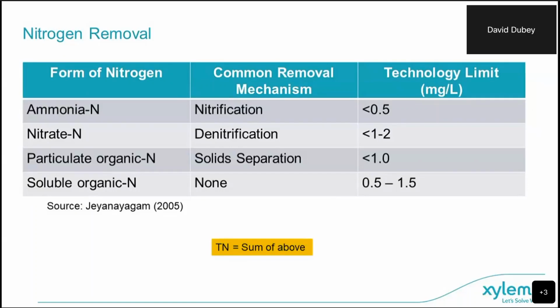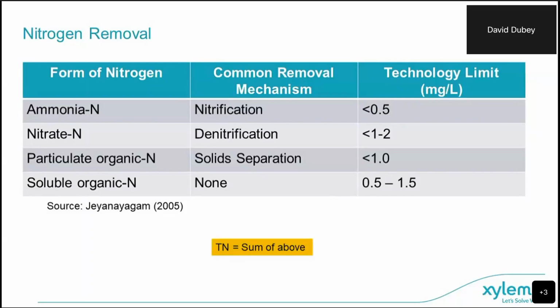So first, when we talk about nitrogen removal, typically many new permits are going to require total nitrogen removal. Total nitrogen would include ammonia, nitrate, particulate organic nitrogen, and soluble organic nitrogen. Typically the TKN is going to be ammonia and the organic nitrogens, and then nitrate is sometimes a separate permit requirement.